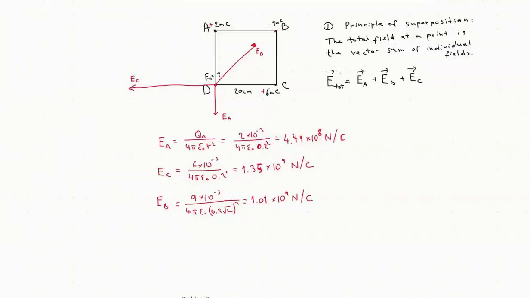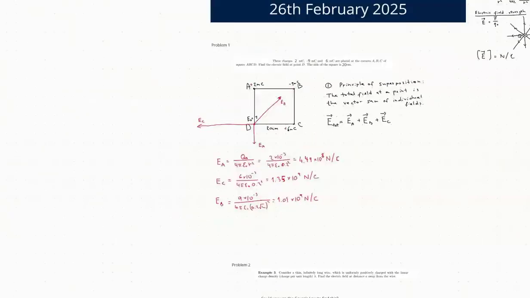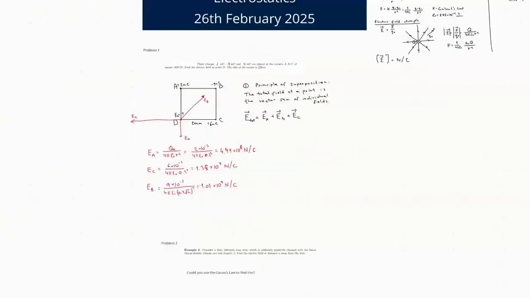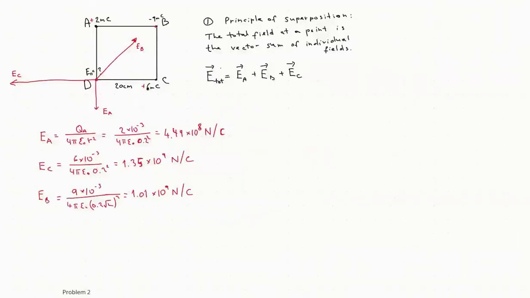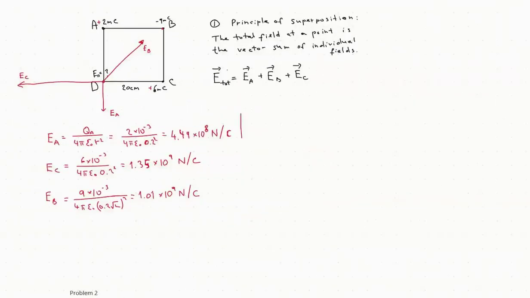And now we just need to work out the total vector. So what do we have? We have a vector like this, which is 1.35. I'm going to drop the 10 to the 9, so I don't really need that.